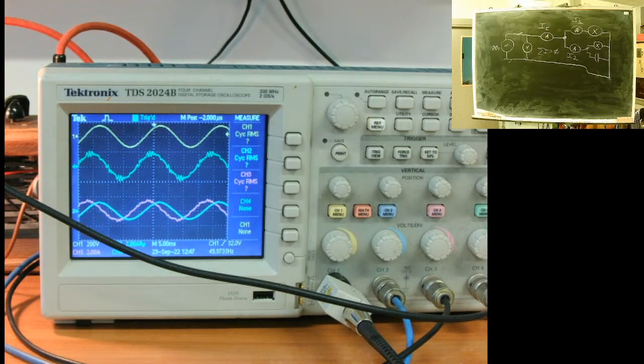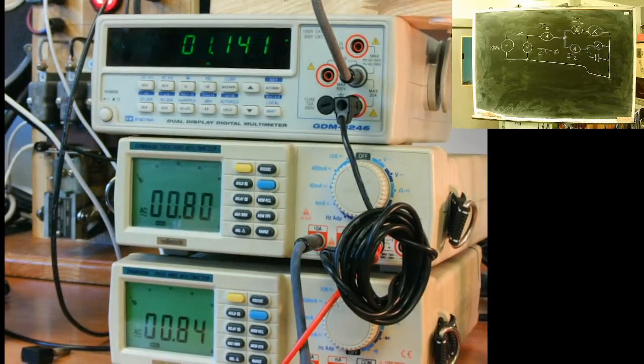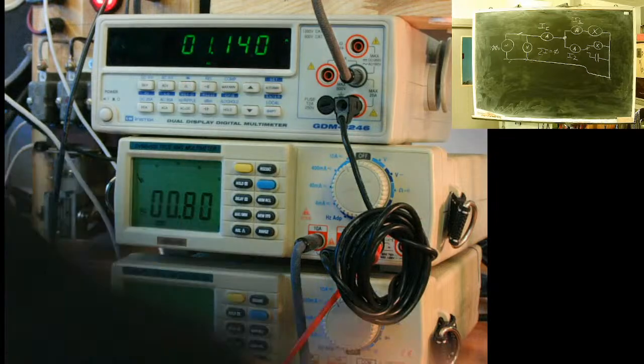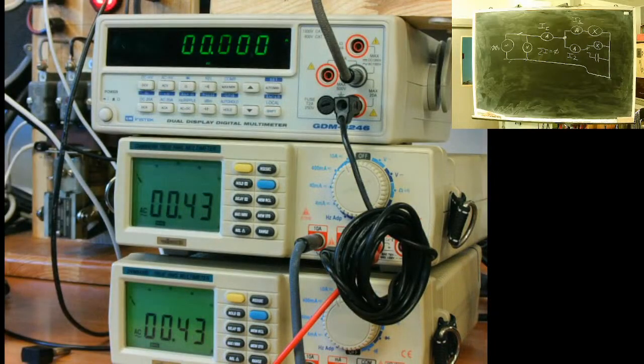With the condenser we see an angular shift, while the values on the meter are different.